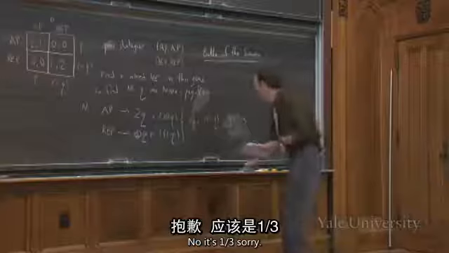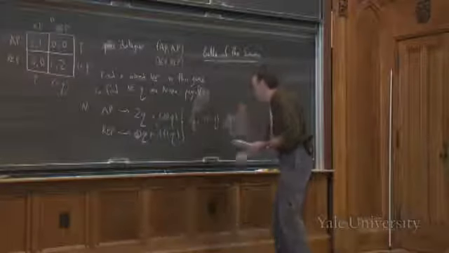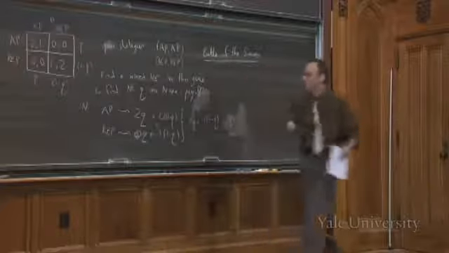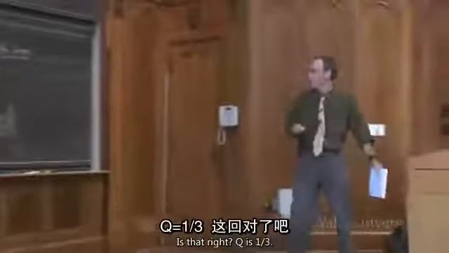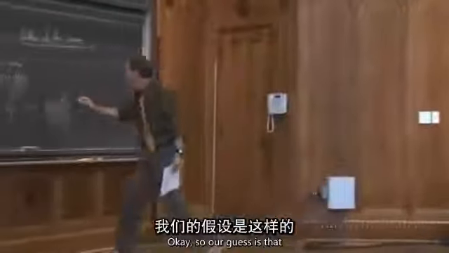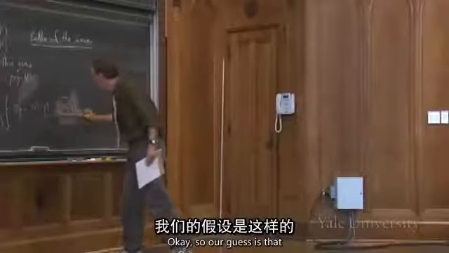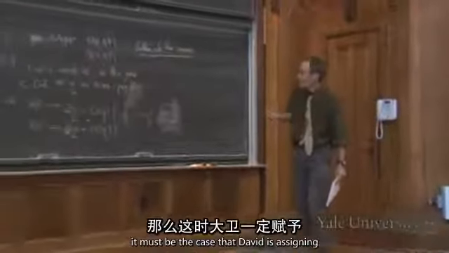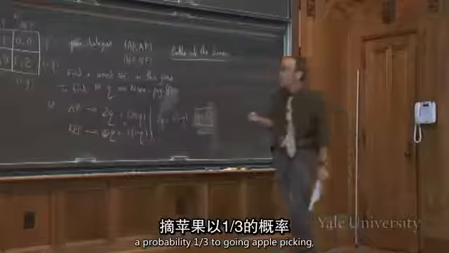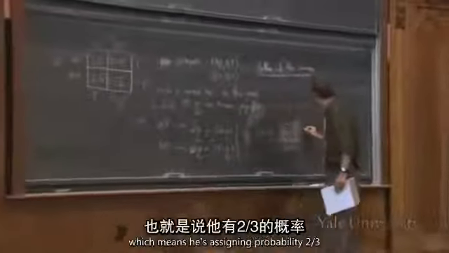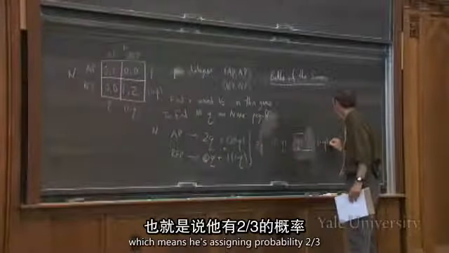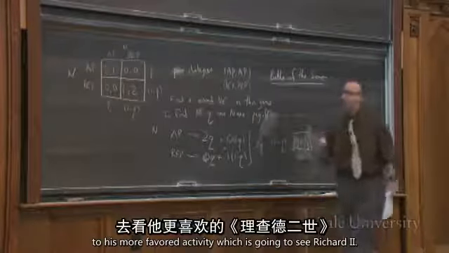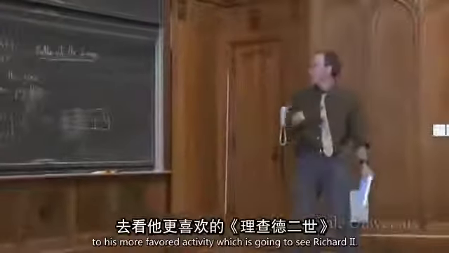No, it's 1/3. Sorry. Is that right? Q is 1/3. Okay. So our guess is that if there's a mixed strategy equilibrium, it must be the case that David is assigning a probability 1/3 to going apple picking, which means he's assigning probability 2/3 to his more favored activity, which is going to see Richard II.